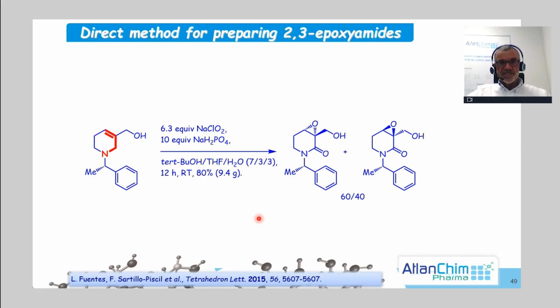As presented in this slide, treatment of this intermediate with this N-allyl moiety here in red with 6.3 equivalents of sodium chlorite and 10 equivalents of sodium dihydrogen phosphate in a mixture of tert-butanol, THF, and water at room temperature overnight gave the desired intermediate in 80% yield on a 10-gram scale as a mixture of diastereoisomers.